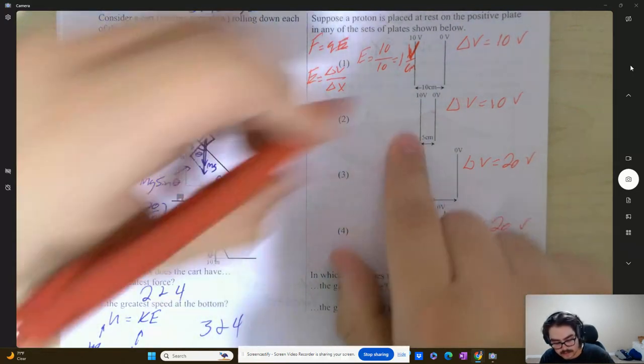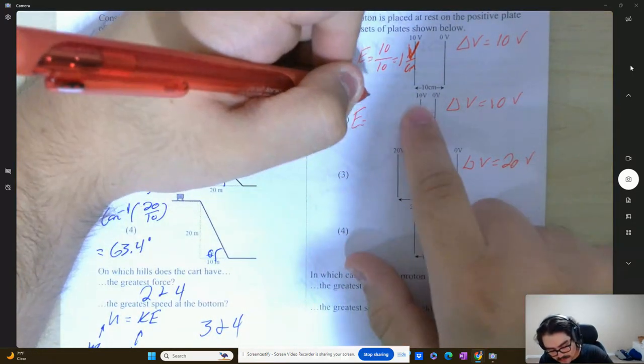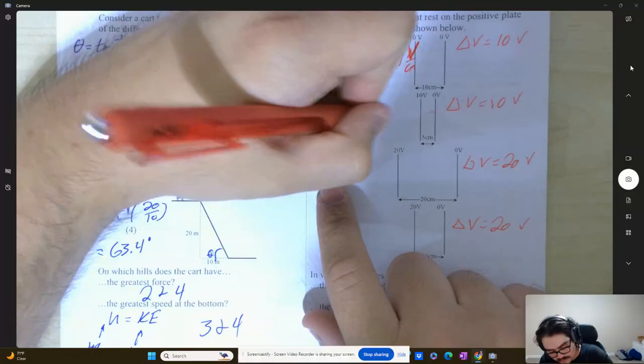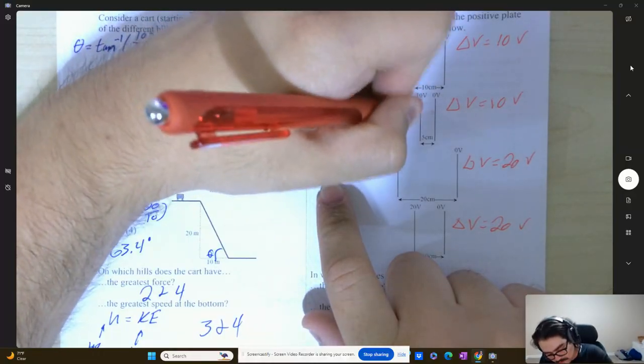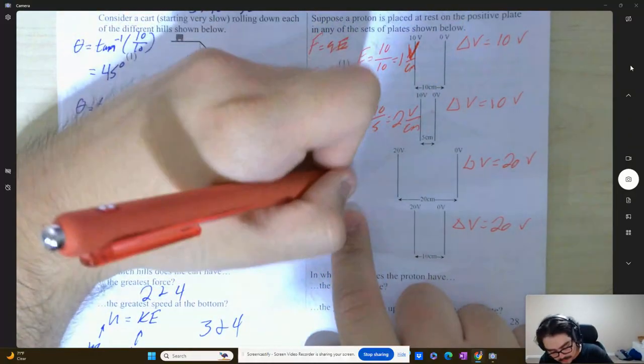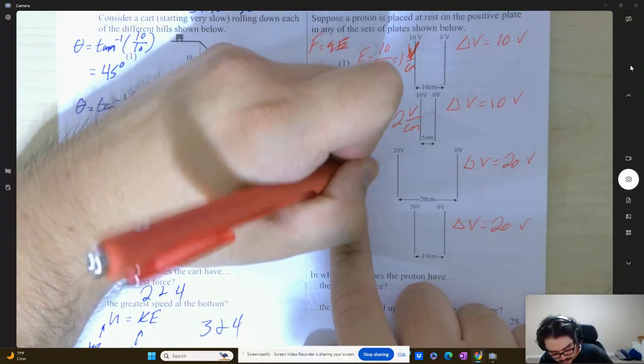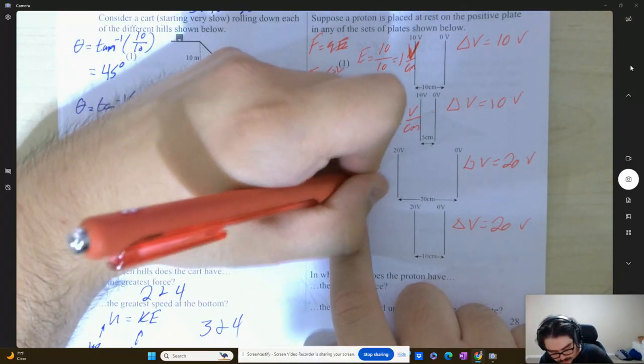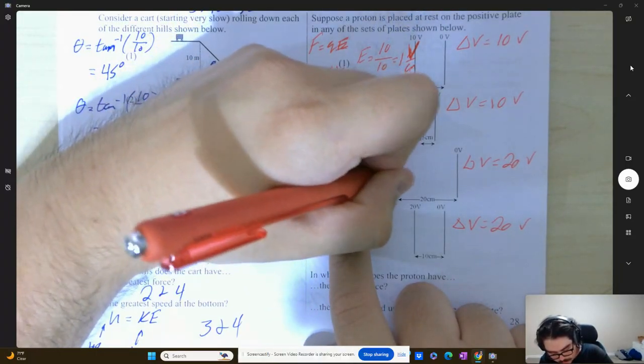Number 2 gives us 10 divided by 5, which gives us 2 volts per centimeter. Number 3 gives us 20 over 20, which is 1 volt per centimeter.